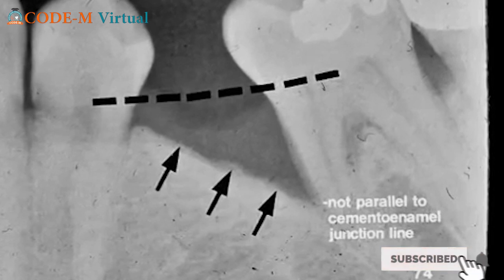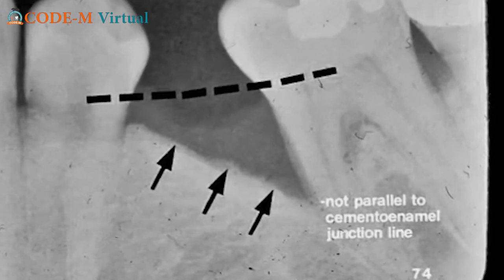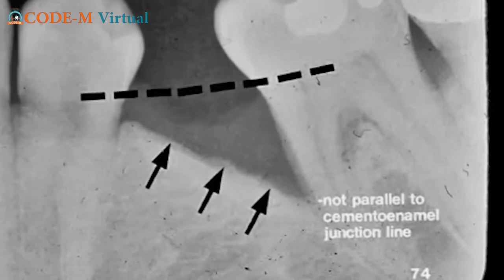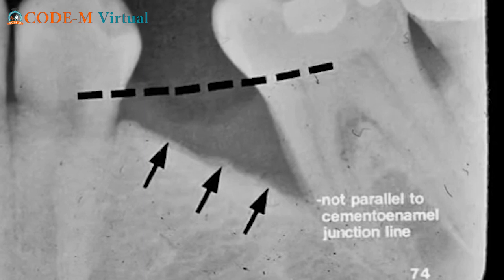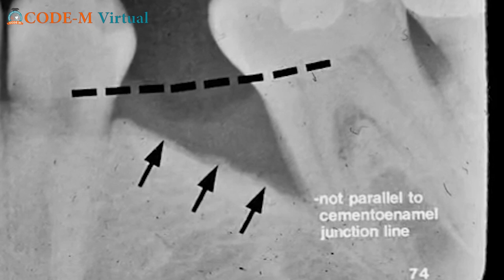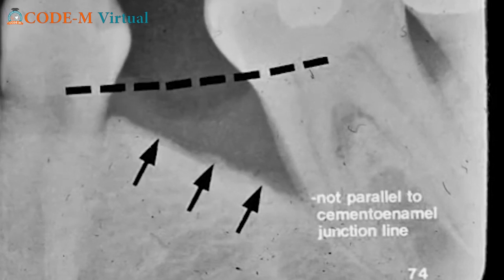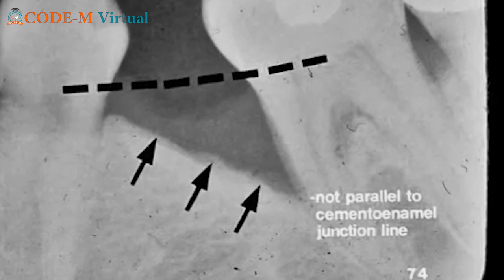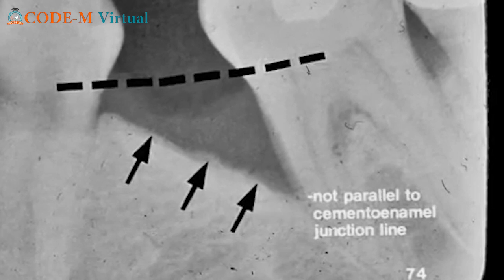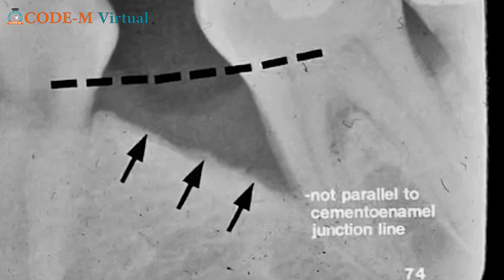There is some missing tooth, and because of that the adjacent tooth has tilted towards its mesial side and is not parallel to the cemento-enamel junction line. So this is basically the tilting of the molar because of the missing tooth. This is a radiograph showing a missing tooth and tilting of the adjacent molar.